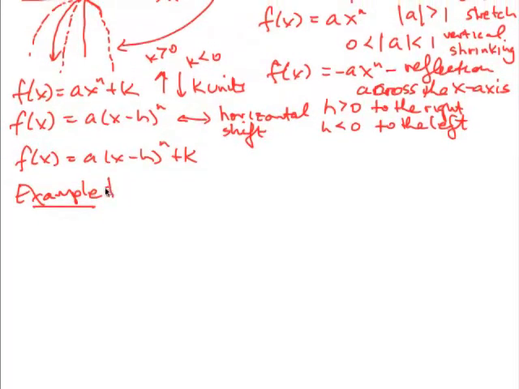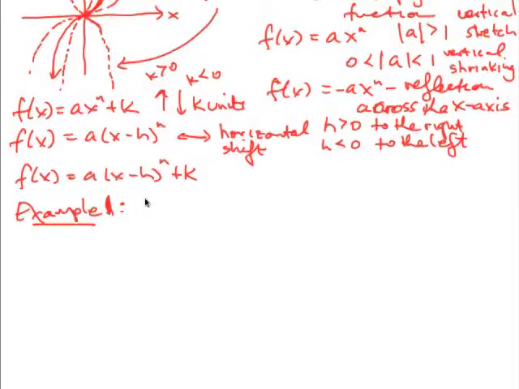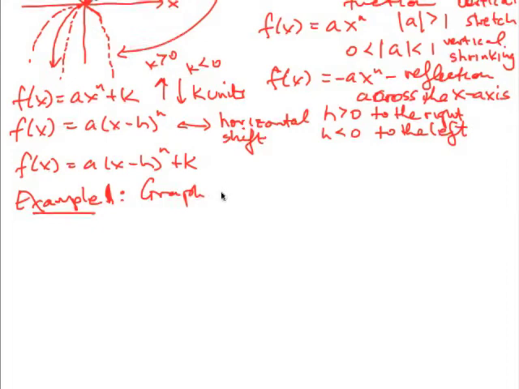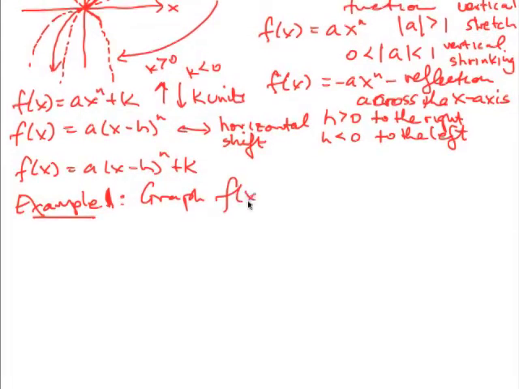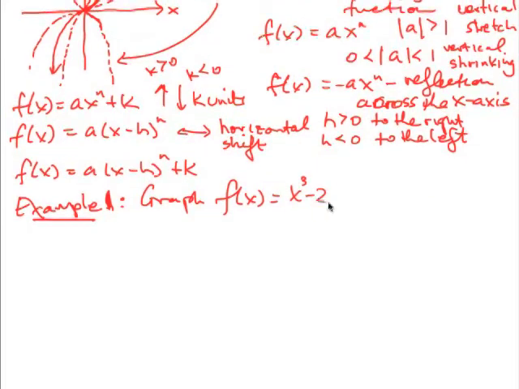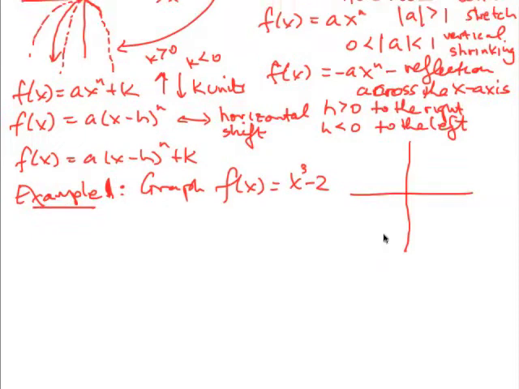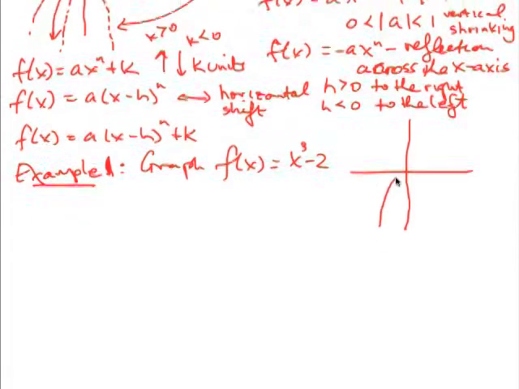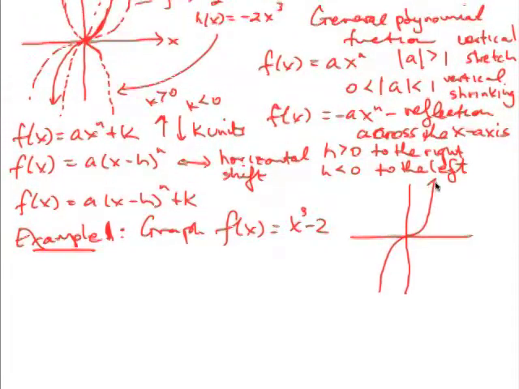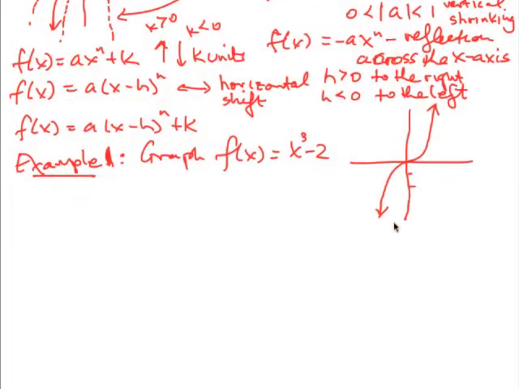All right, so example 1. Let's suppose I want to graph f of x equals x cubed minus 2. Right, well we know that our x cubed looks like this, minus 2 means we bring it down 2 units.